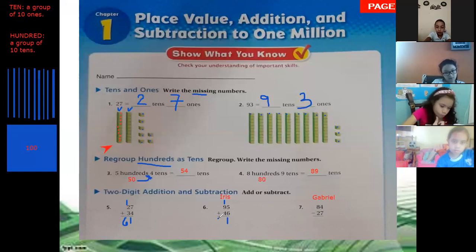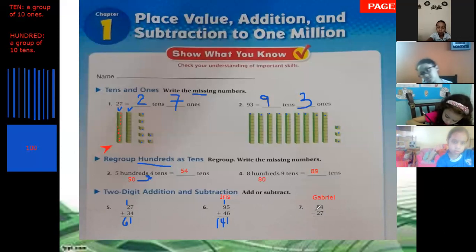Listen to me and do the addition. 10 plus 4. 14. 14, exactly. So, because we don't have another digit here, we don't have to regroup. We have to write the 14. So the answer is 141. Okay, thank you.